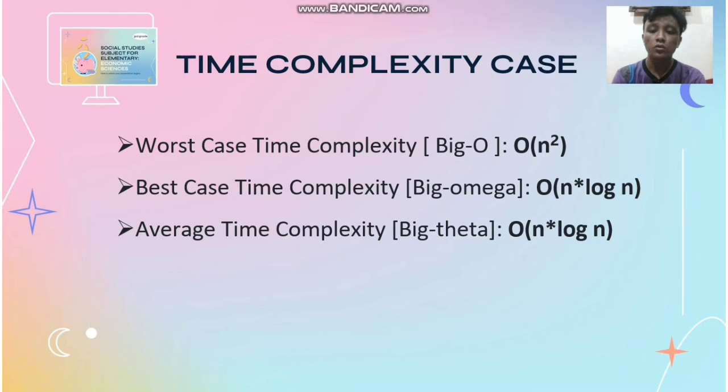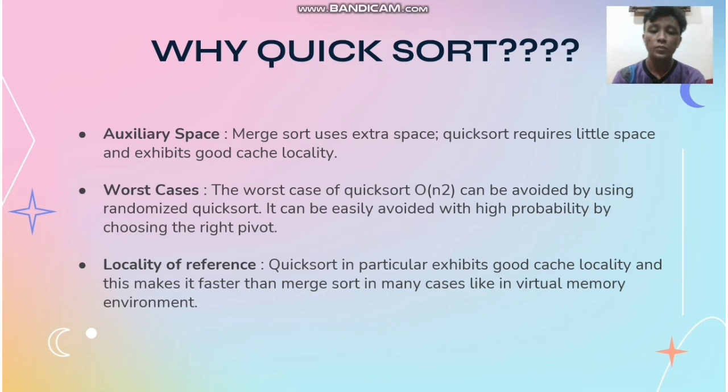Okay, now we go to the next slide. Why did our group choose quicksort as better than merge sort? Okay, first is auxiliary space. Merge sort uses extra space, while quicksort requires little space and exhibits good cacheability.